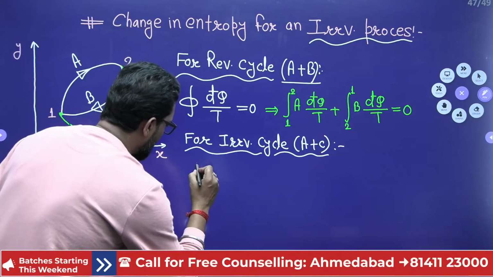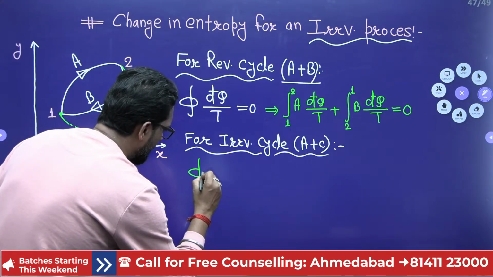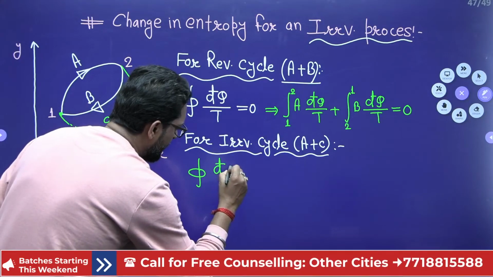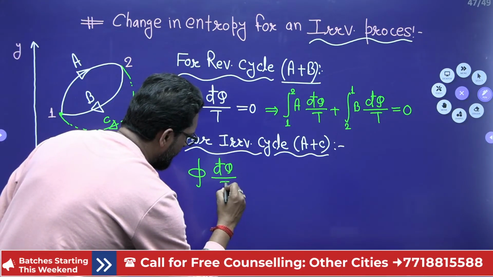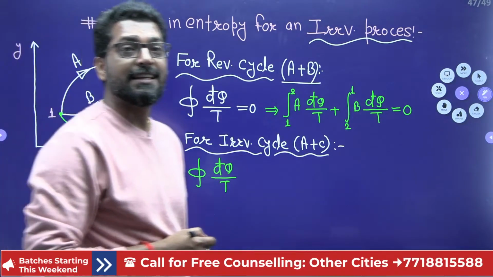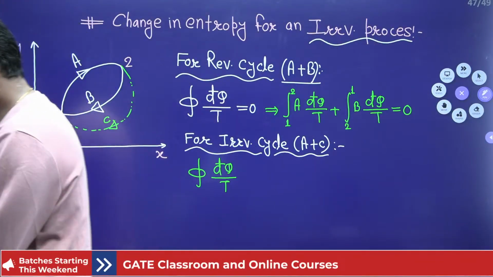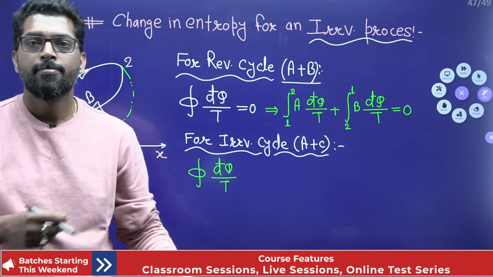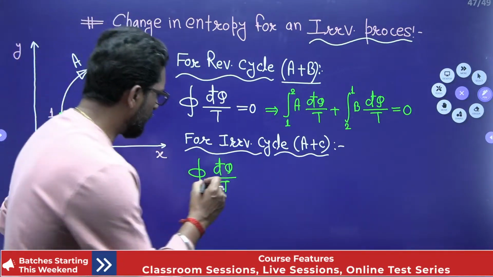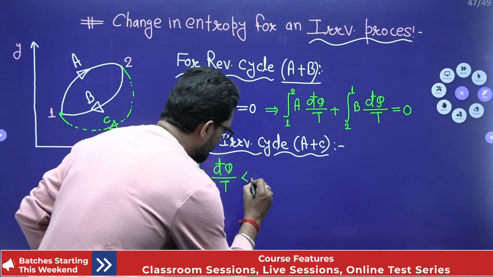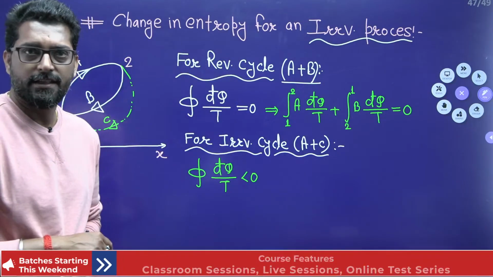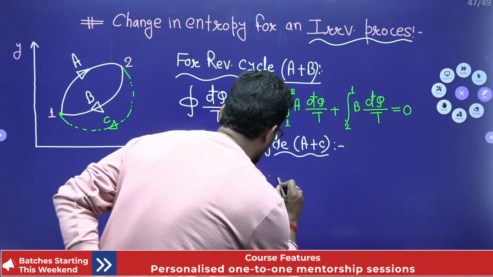For the irreversible cycle, we know what is dq by T, please? For the irreversible cycle, what is dq by T? Reply in the chat box. What is dq by T? Less than 0. Less than 0. Now split into the processes.